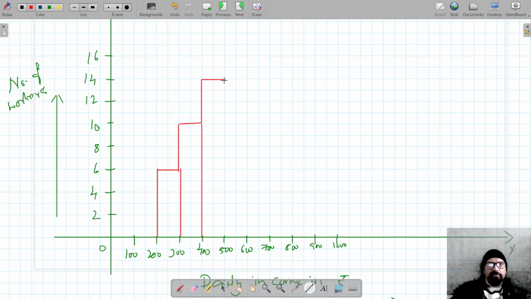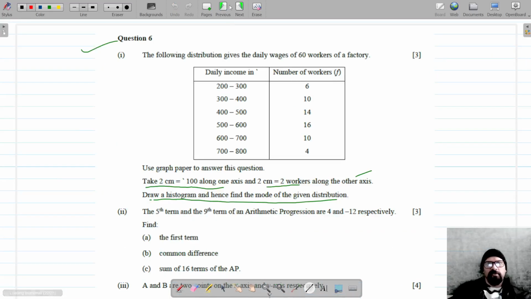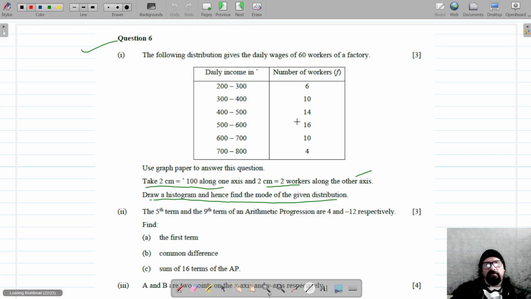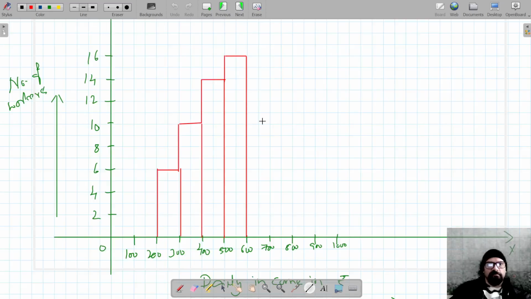All are of equal width. So 6, 10, 14 and 16. This is 16. Then again 10. So this is 10.